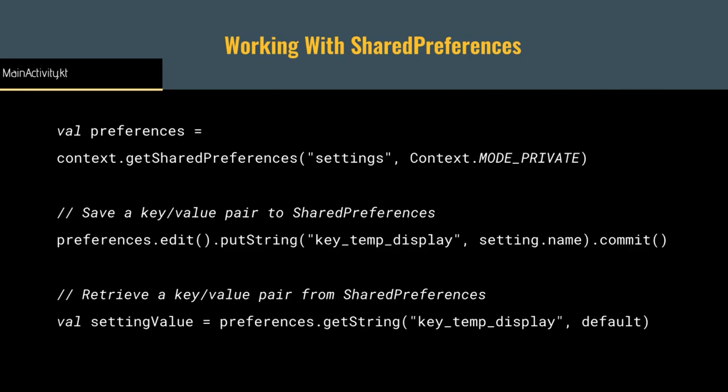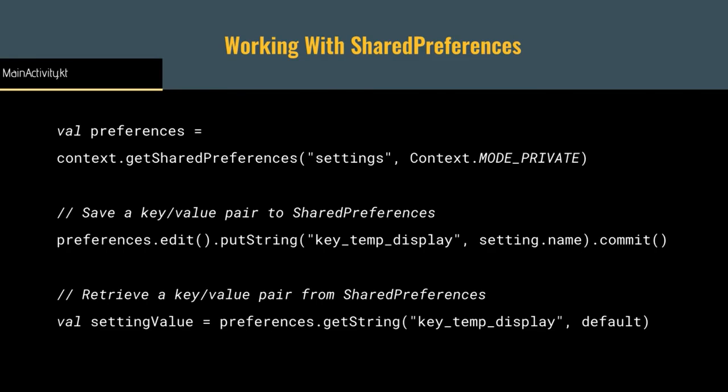In this case, to save a value, we call preferences.edit. Edit basically returns us an object that allows us to change the values that are present. Here we've called putString, and we pass in a key, this time key temp display, and then we've passed in a value.